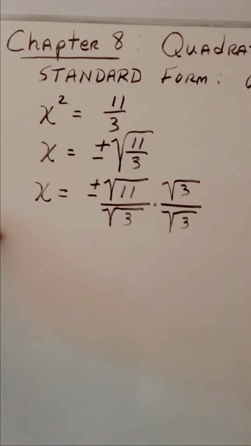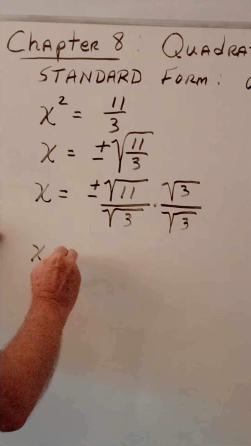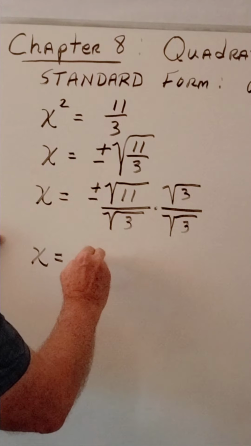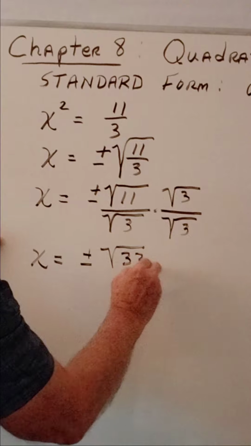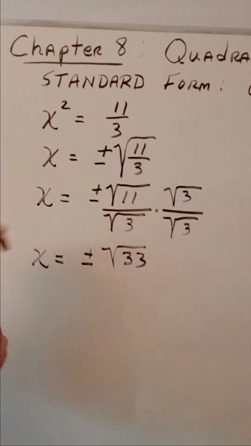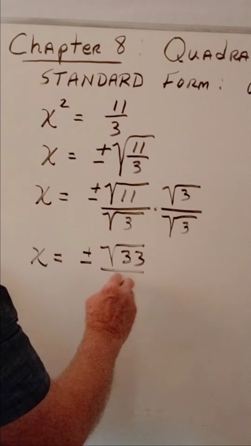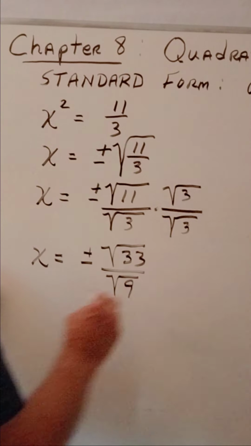And that will then get it down to x is equal to positive or negative root 33, those two radicals get multiplied, over the radical of 9.